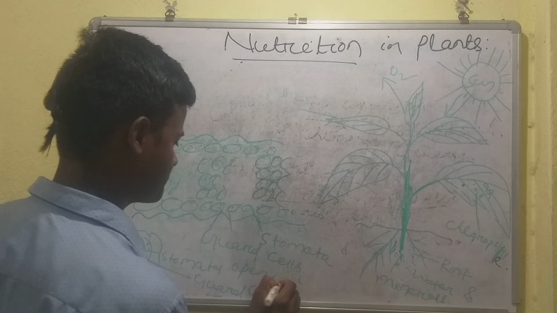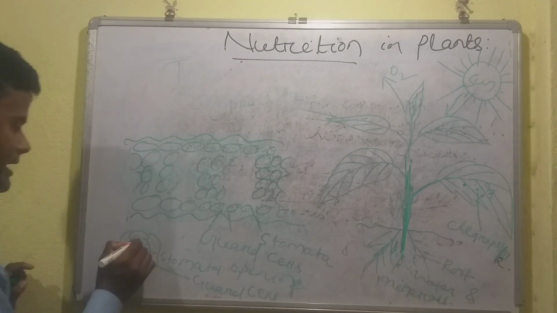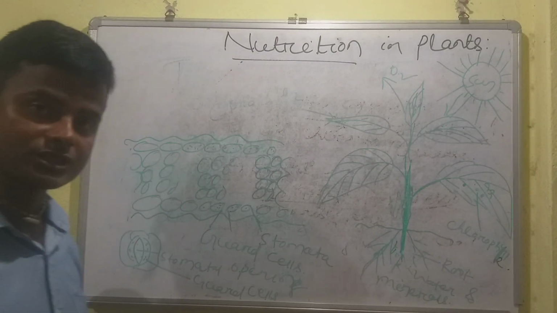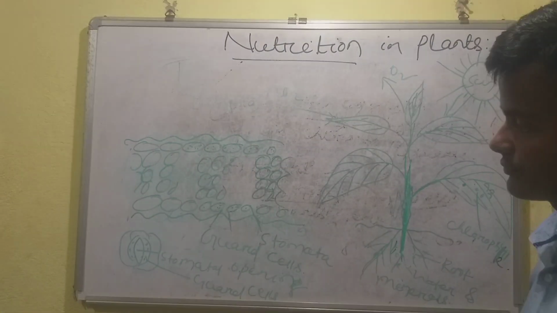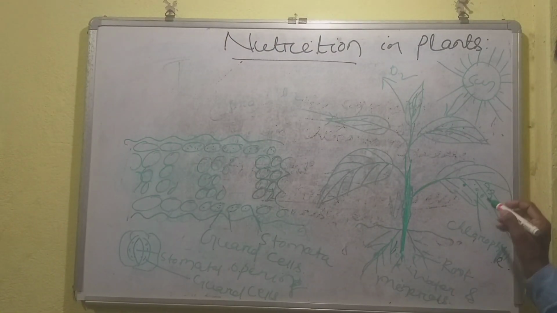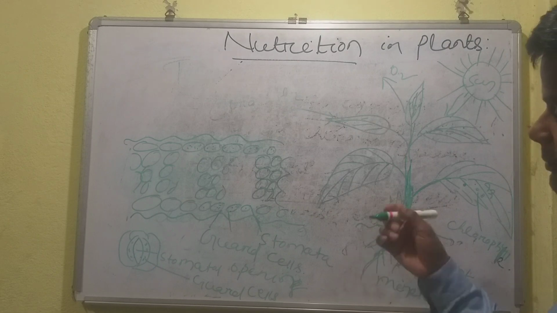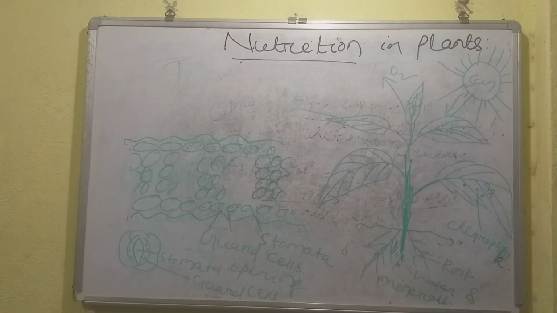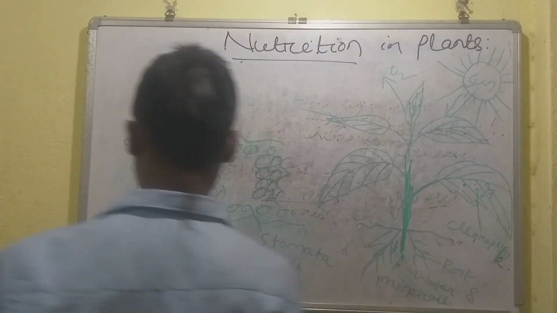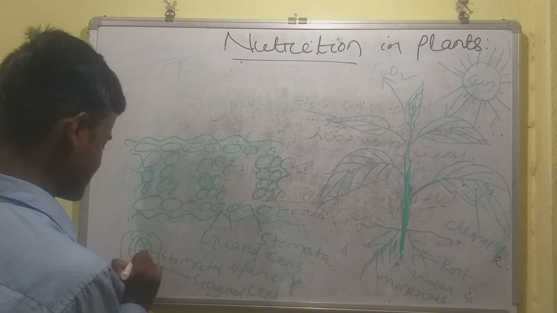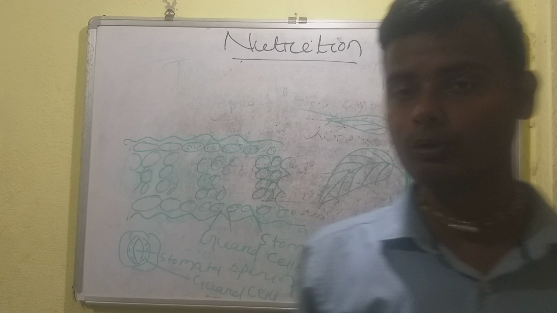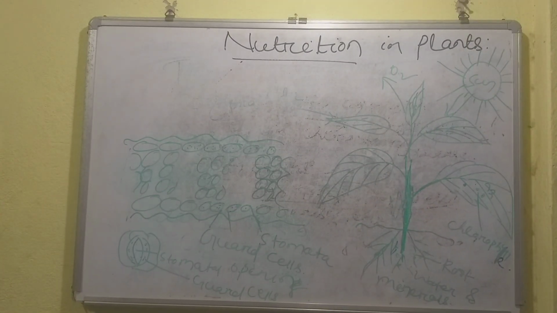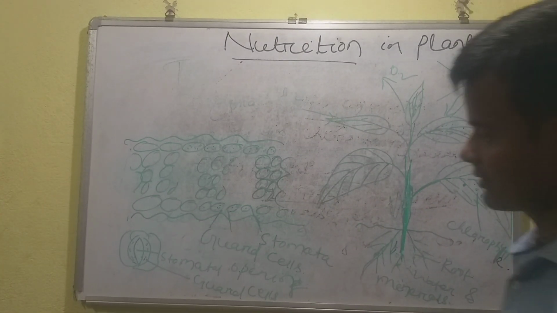Stomata generally open in the daytime for gaseous exchange. The function of the stomata is to help in the exchange of carbon dioxide and oxygen. The stomata opens in the daytime. And guard cells are just like a regulator, regulating the stomatal closing and opening, right?